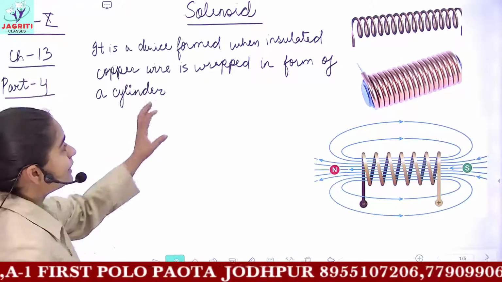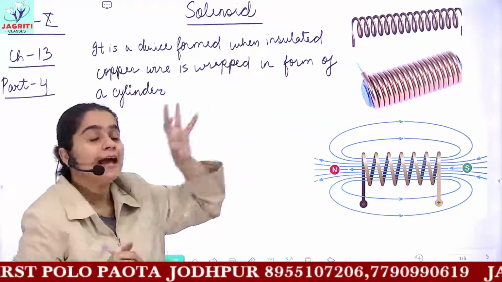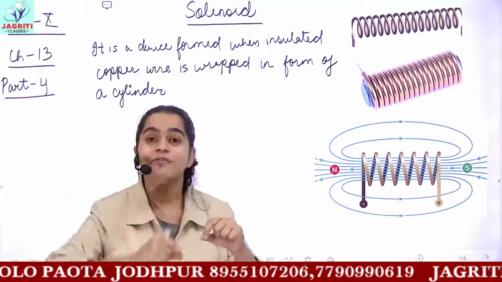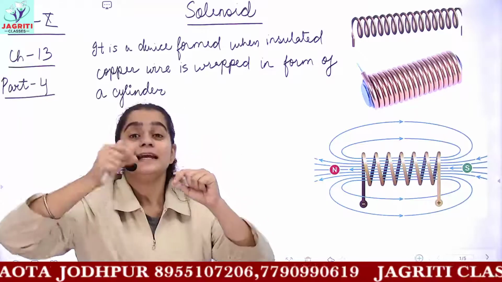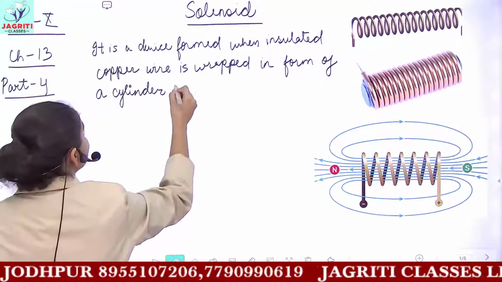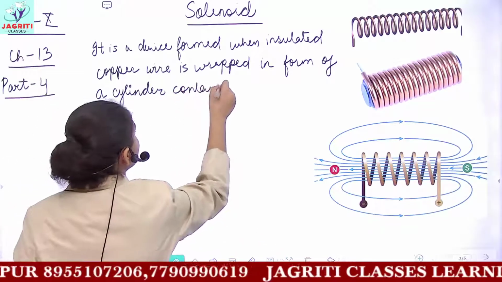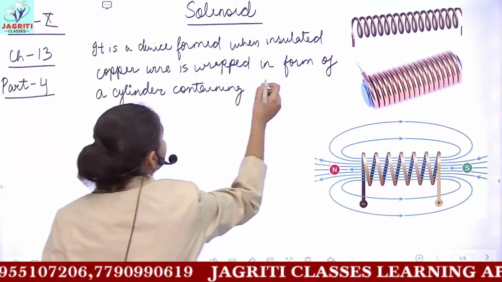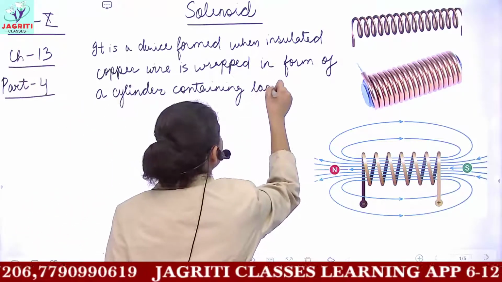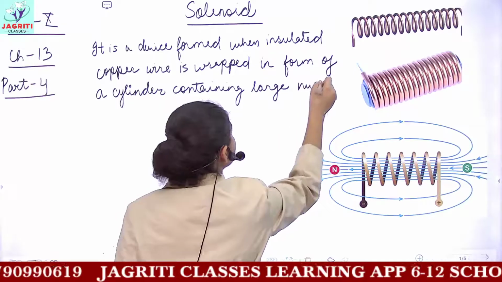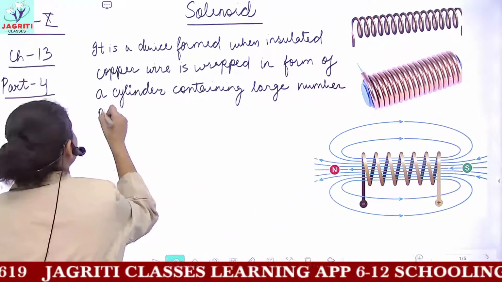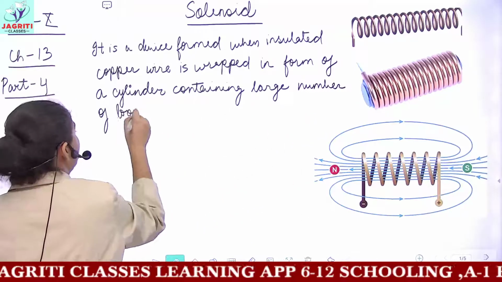Remember this is an insulated copper wire, and if you take an insulated copper wire and wrap it around in the form of a cylinder containing a large number of loops of copper wire.